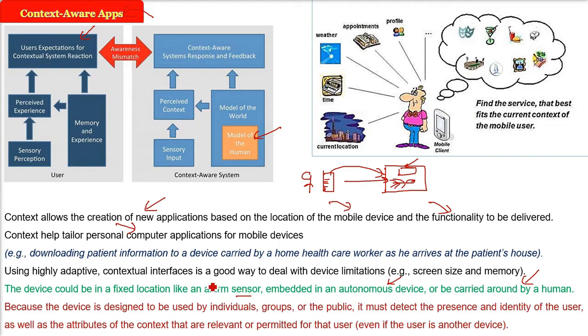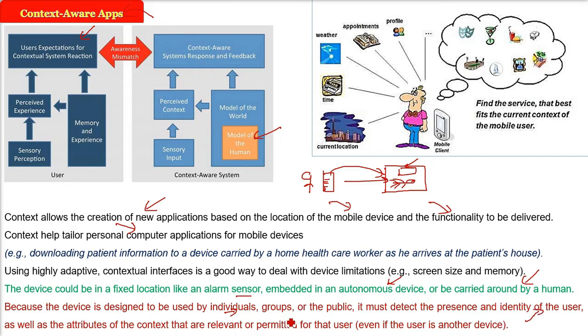Because the device is designed for different people, as an individual or a group of the public, the device or the app must detect the presence and the identity of the user. Also, the attributes of the context which are relevant to the user and permitted to the user, even if he is going to another device.